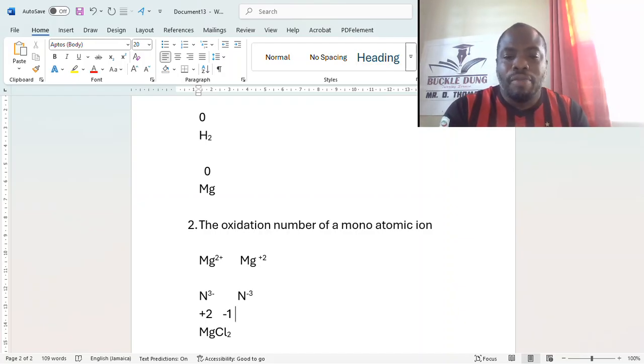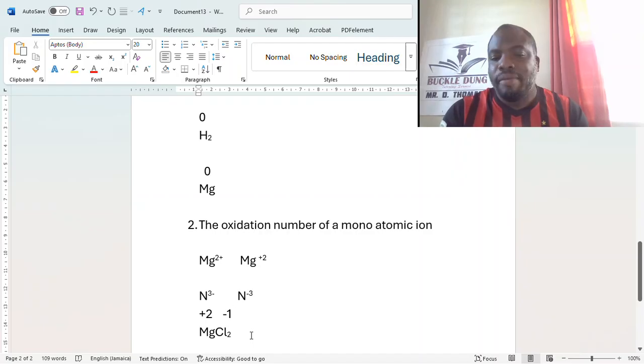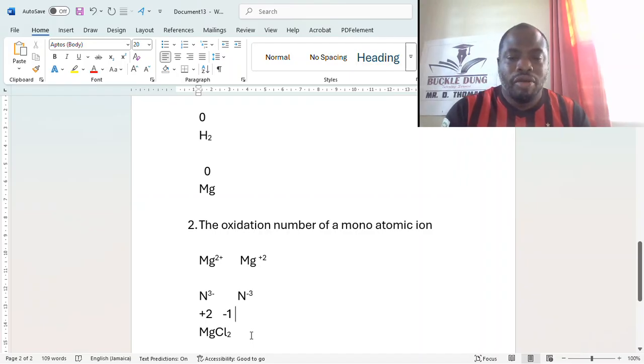When we're talking about oxidation number, it's on an individual basis. So the magnesium would have been a +2. If you have a compound having two cations, it is the same concept. You're looking at only one.